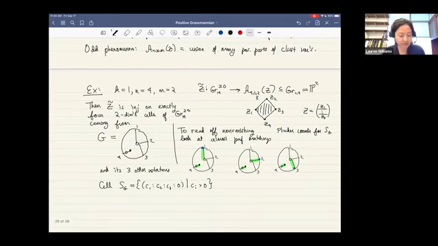I claim the amplituhedron map is injective on this cell, and it has the following image in the amplituhedron, this top part.